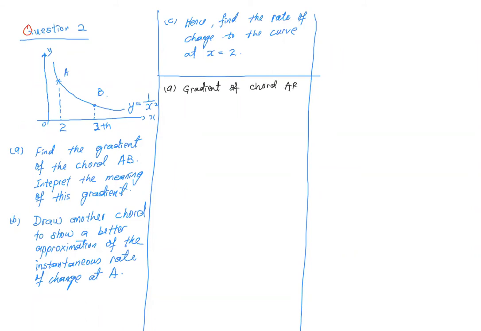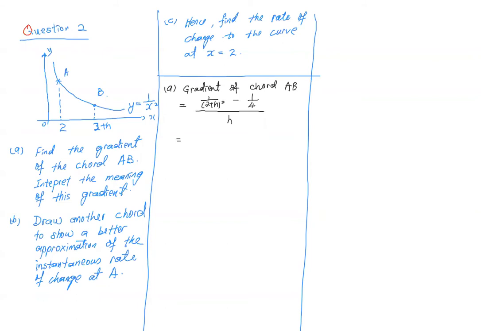AB is equal to, okay, I can straight away write down because I can do a lot of things in my mind. 1 over (2 plus h) squared, take away 1 over 4, divide by h, done. And I can just continue.